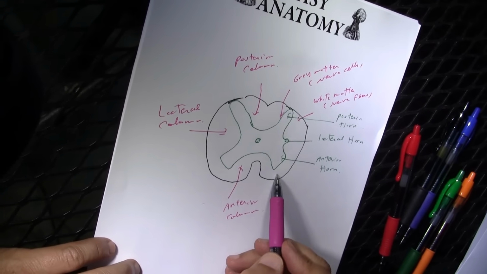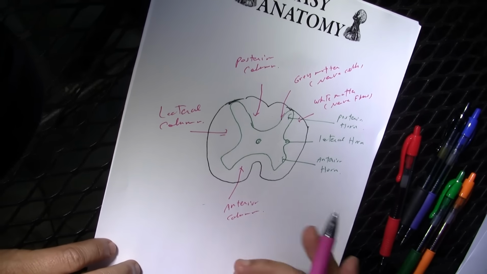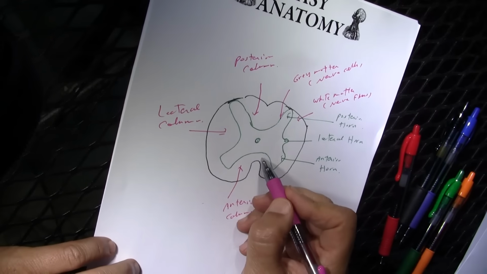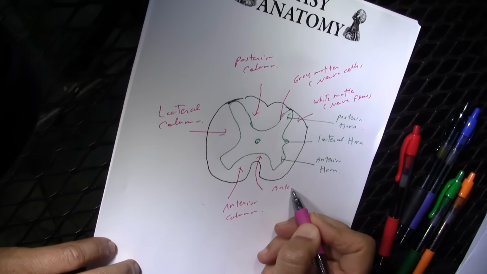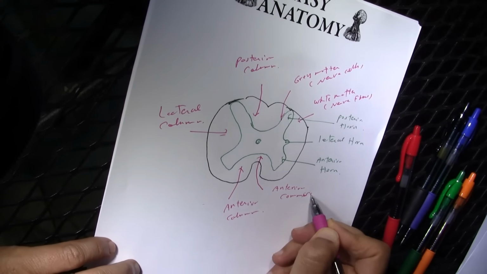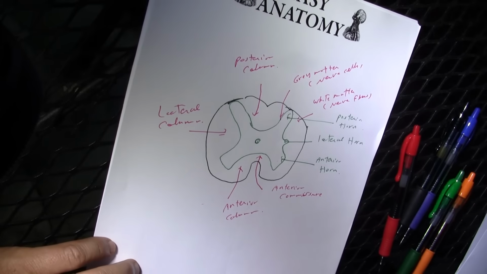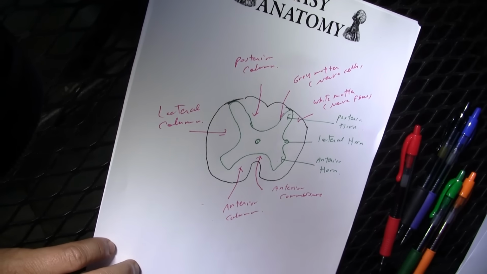As you see, there is a connection between the right and left halves of the white matter through what we call the anterior commissure or ventral commissure. If you remember, commissural fibers mean fibers connecting the right and left sides of the CNS.